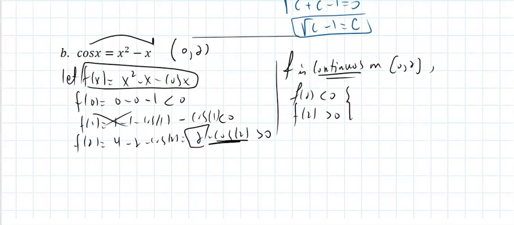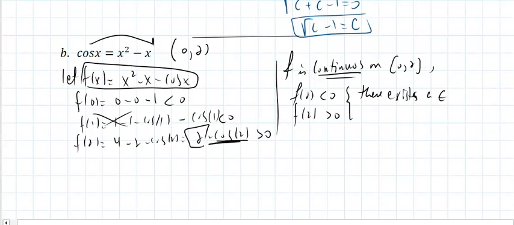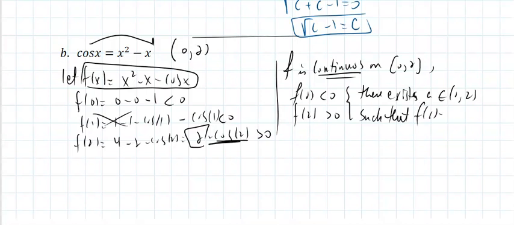And out of those, we conclude that there exists a number c in the open interval between 0 and 2 such that f of c equals 0.